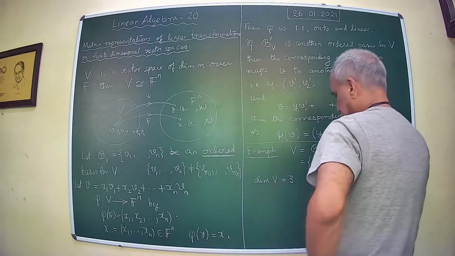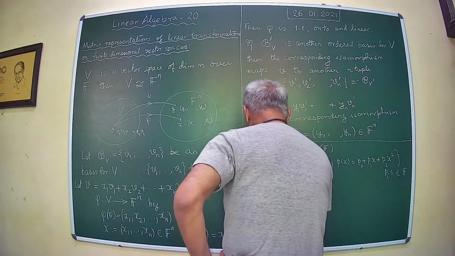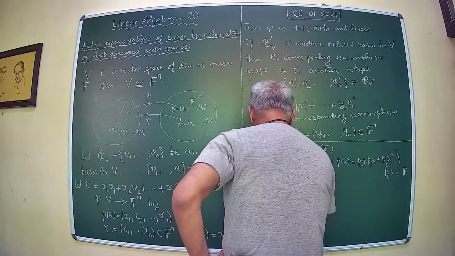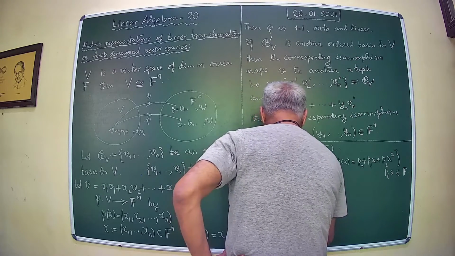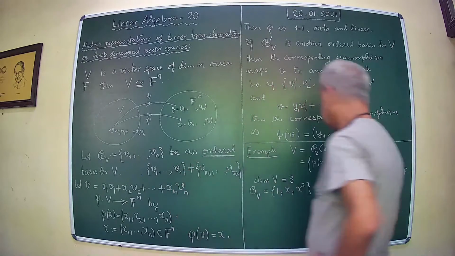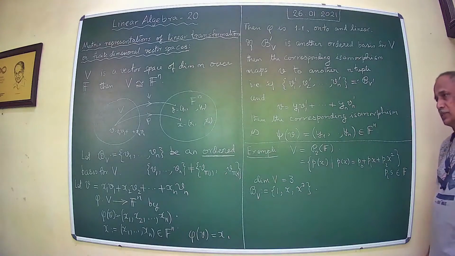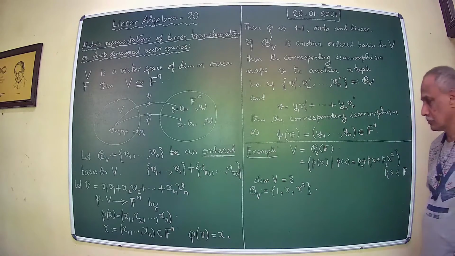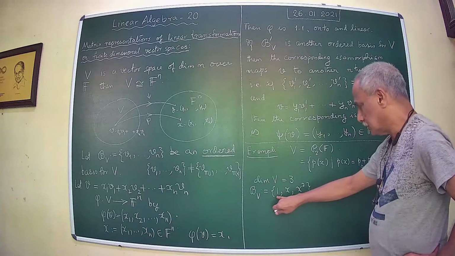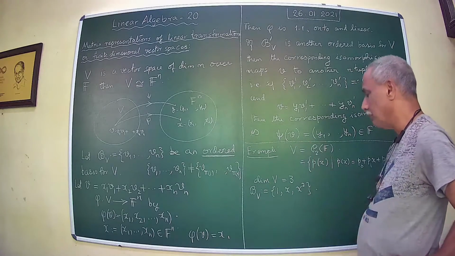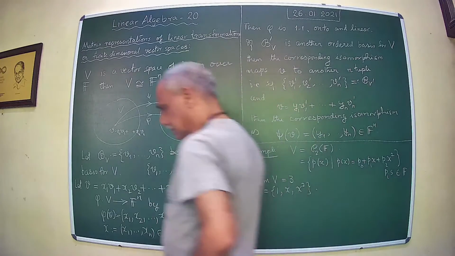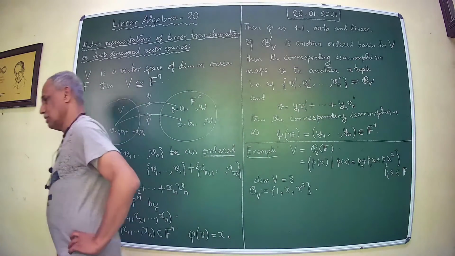A basis, let us choose a basis B_V as 1, x, x square. You know that this is linearly independent and spans the whole of V. Therefore, it's an ordered basis.